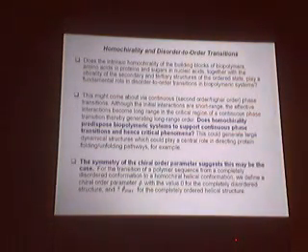And well, my foothold in this comes through symmetry. That's what I like to think about, symmetry, and it's the symmetry of the chiral order parameter that suggests this may be the case.